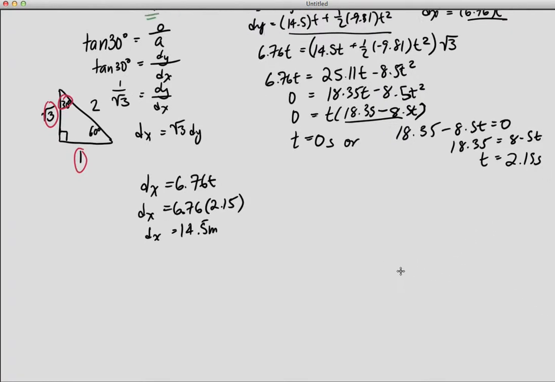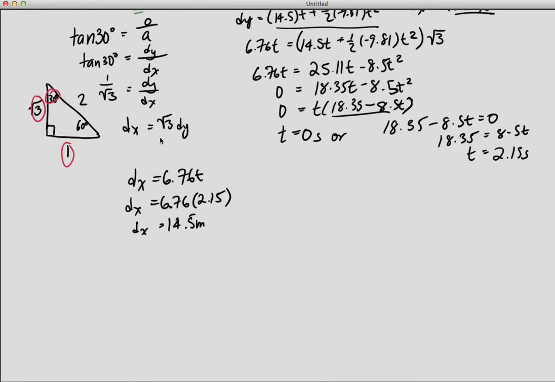Now that we know that, we can input that and find dy here. So we can just rewrite this as dx over root 3 is equal to dy. So dx is 14.5 over root 3 is going to equal dy. dy, therefore, is equal to 8.42 meters.